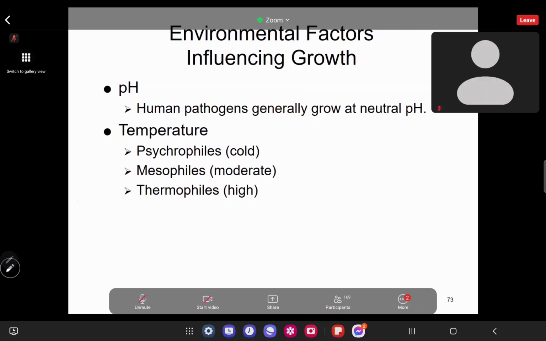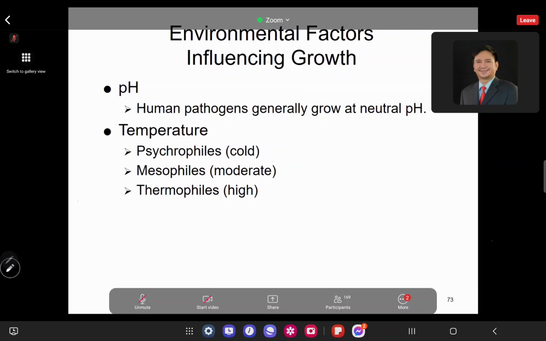We now deal with the factors from the environment that would contribute to microbial growth. So let's start with your pH. Most human pathogens thrive at neutral pH, that's around pH 7.